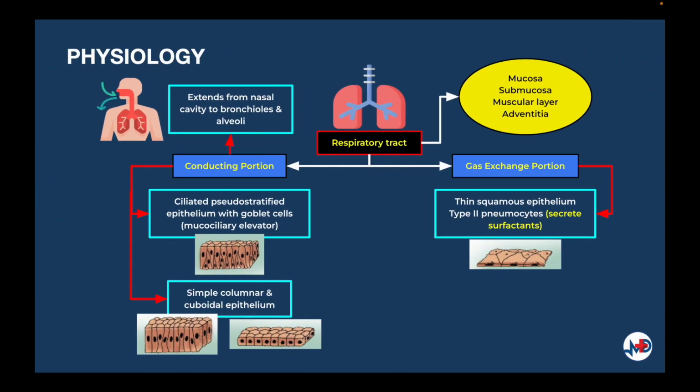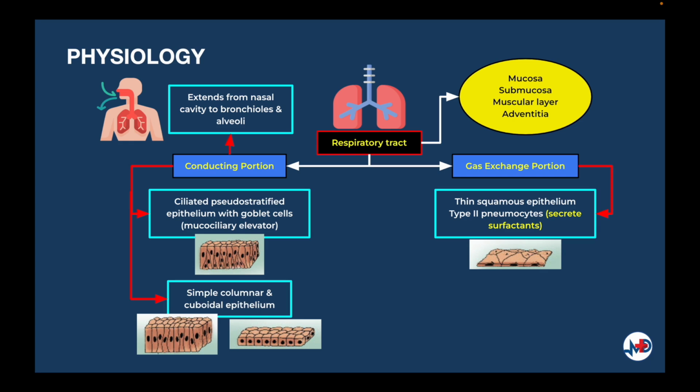Let's take a look at the physiology of the lungs. The respiratory tract comprises 4 layers: the mucosa, submucosa, muscular layer, and adventitia. The respiratory tract is also divided into the conducting portion and the gas exchange portion. The conducting portion extends from the nasal cavity up to the bronchioles, and the alveoli is the gas exchange portion.